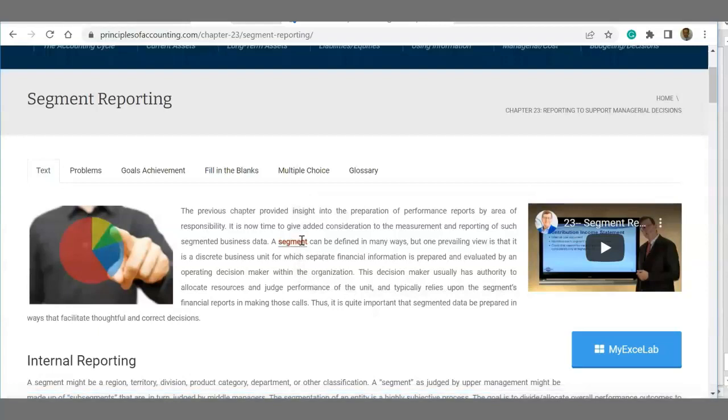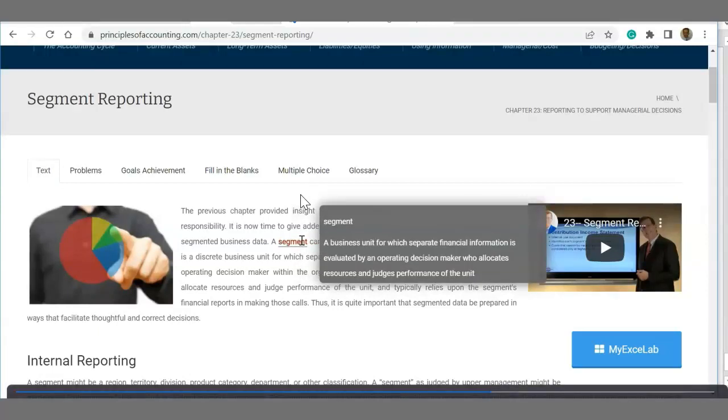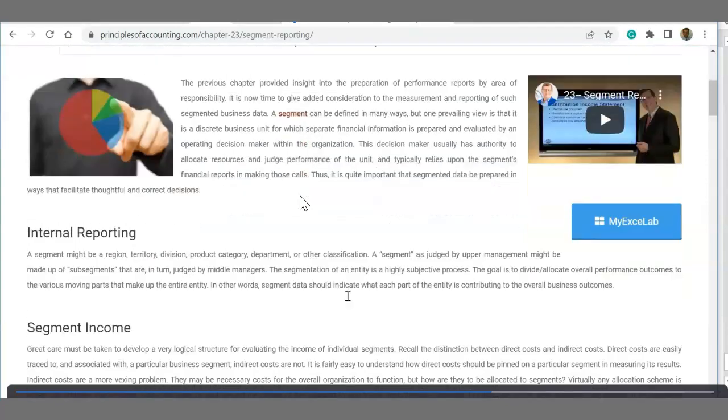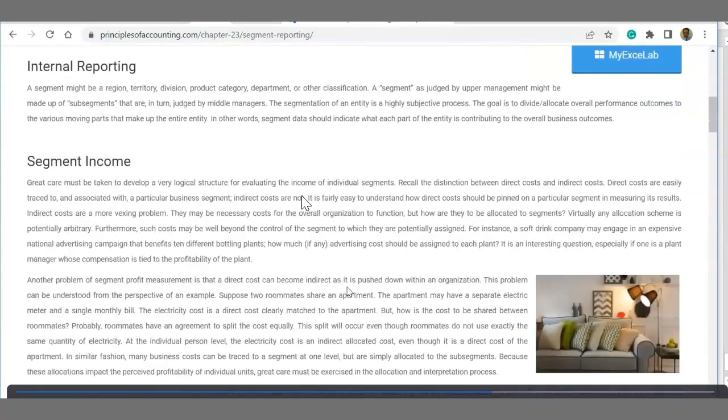So it's a separate unit of a business, and you call it a segment. In internal reporting, a segment might be a region, a territory, a division, a product category, a department, or any other type of classification you believe is a good classification as a segment.